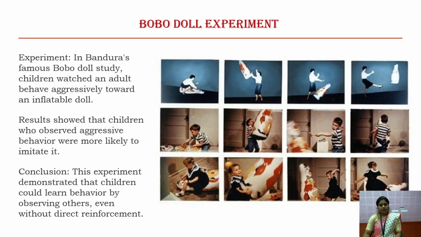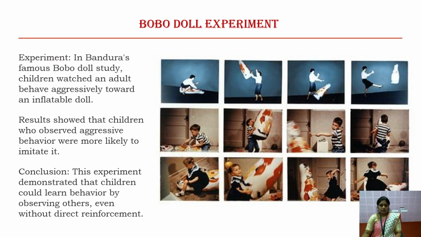Next we are going to see the famous experiment, which is the Bobo doll experiment by Bandura. In this experiment, the children watched an adult behave aggressively towards an inflated doll. They are more likely to imitate the behavior which they saw.